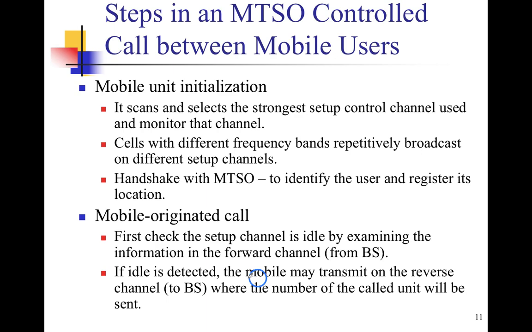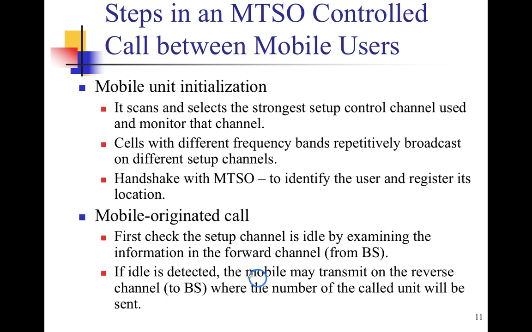So if you are in frequency 1, they will send a signal repeatedly or continuously for a certain period of time, and handshake with the MTSO to identify the user and register its location. This is the function of the mobile unit, that is the initialization path.